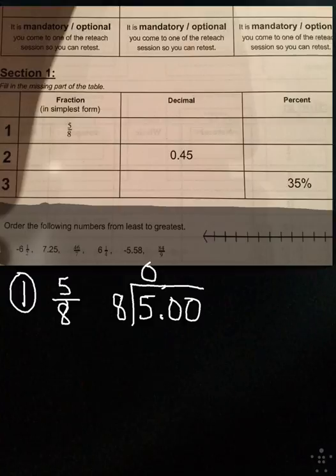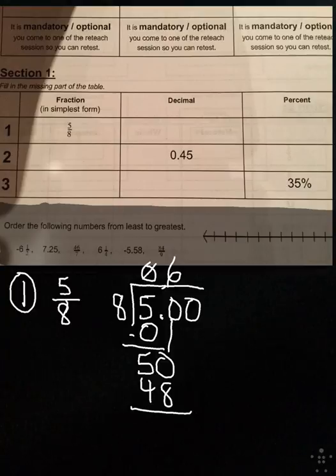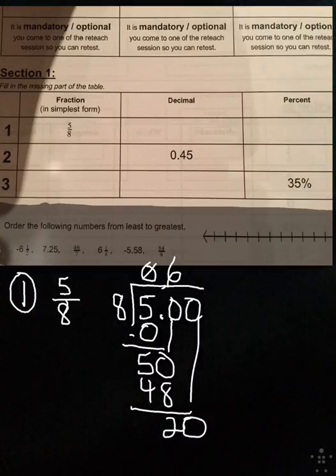8 goes into 5 0 times. 8 goes into 50 6 times. 8 goes into 20 2 times.